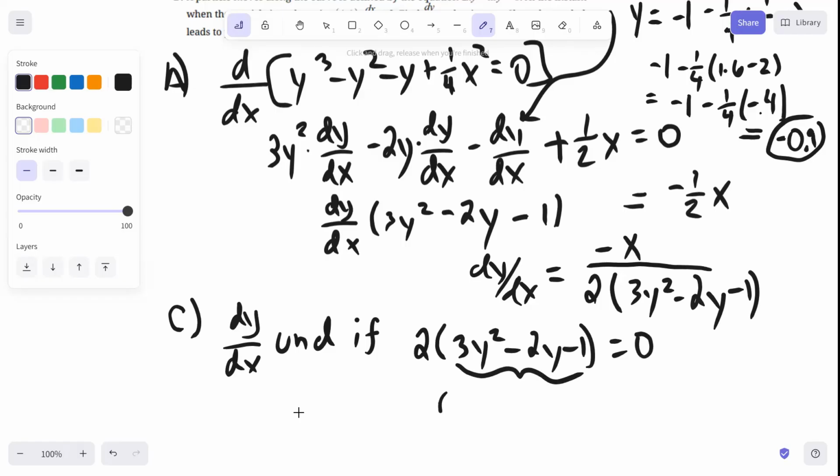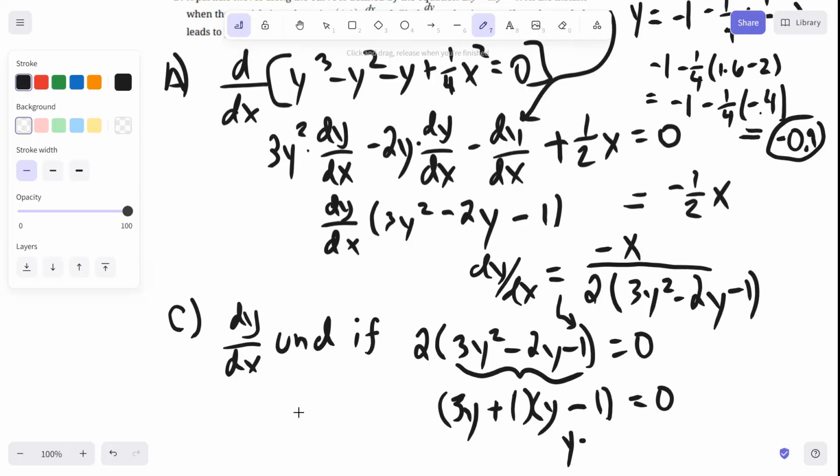So we would have to factor this. Since 3 is prime, you would have to have a factor of 3y and y. And since the last term is -1, the last terms would have to multiply to -1, so they would have to be 1 and -1. Since the middle term is -2, this one would have to be negative and this one would have to be positive.